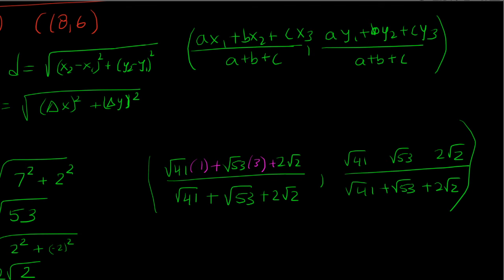And then x3. x3 is 8. So, and now let's go to the y's. We start with y1. y1 is 4. y2 is 2. And then y3 is 6. So that's how you set it up, and the next step will just be to simplify. So this one I would highly recommend use a calculator and simplify this coordinate.